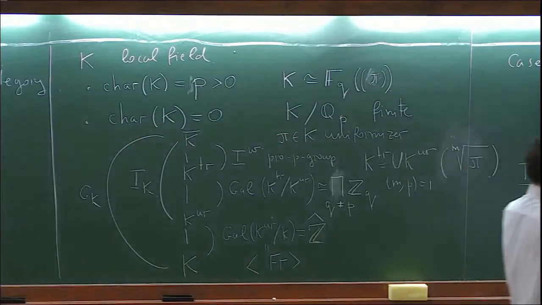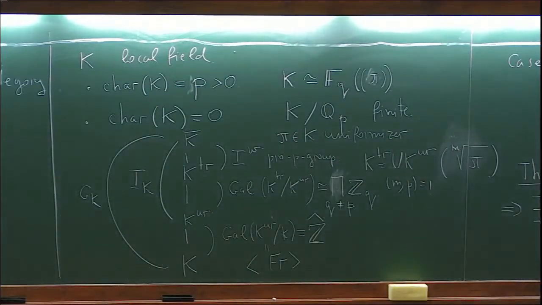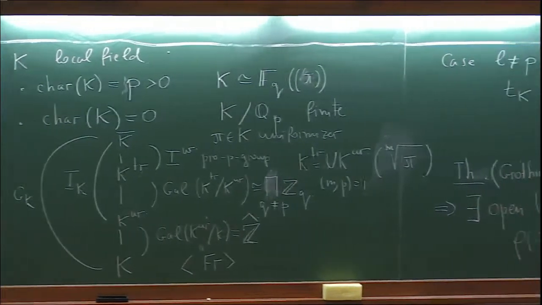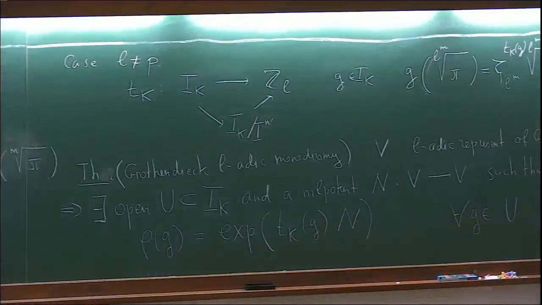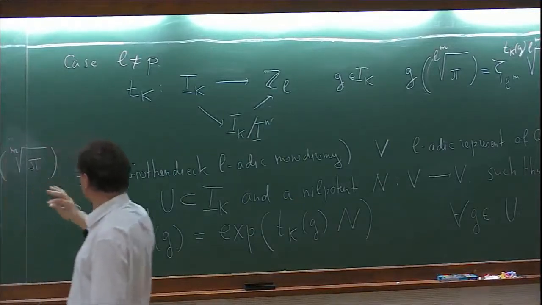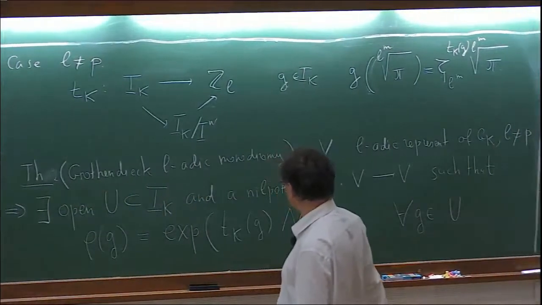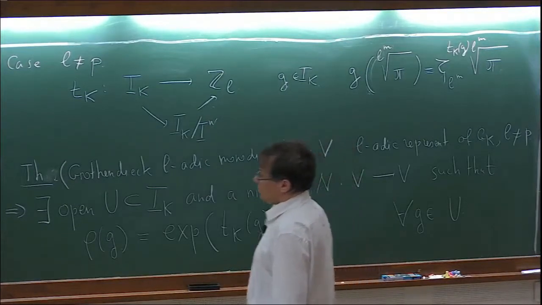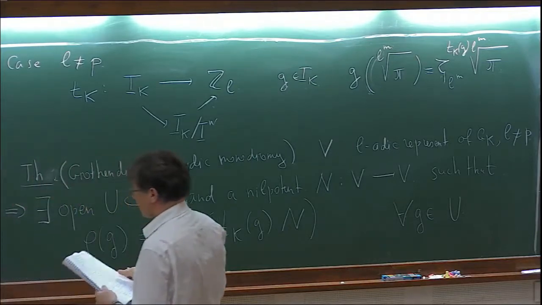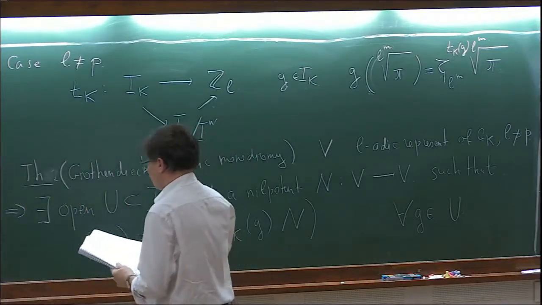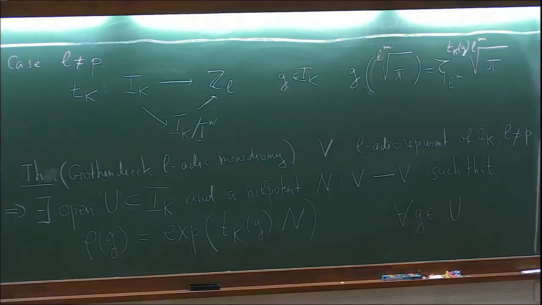So choosing some open subgroup U of the inertia group, we can trivialize the action of wild ramification on the p-adic and l-adic representation. So we need only to consider the action of a maximal tame extension. And the Galois group of a tame extension is easy to describe.